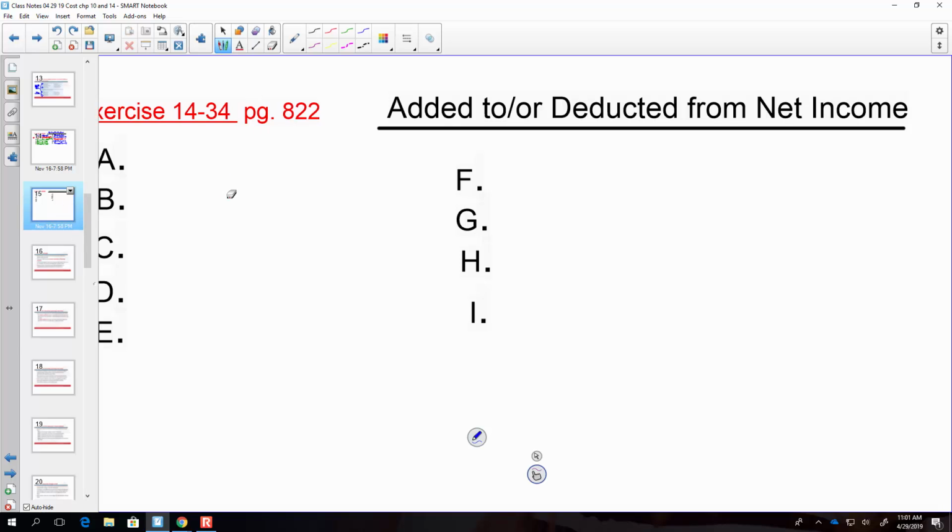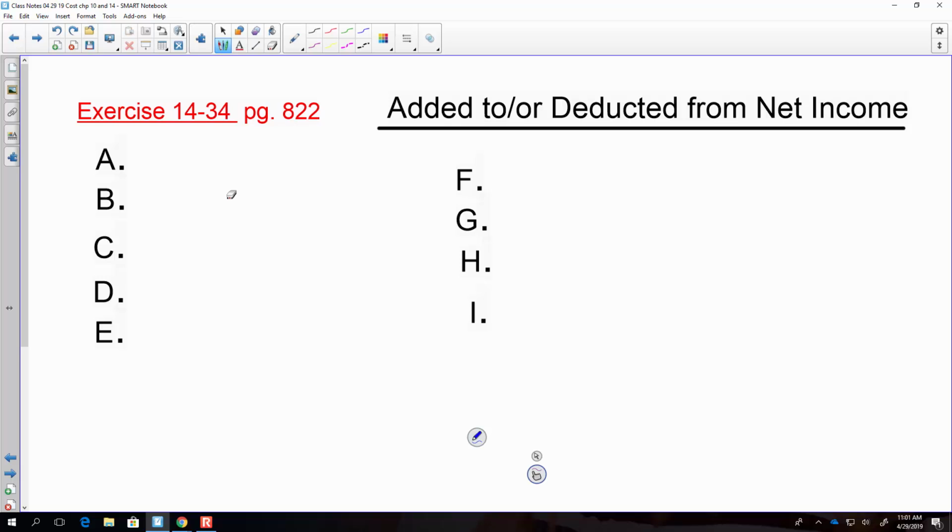Remember with the indirect method, net income or net loss does not equal cash, right? There are so many things that influence that net income that are not cash related.